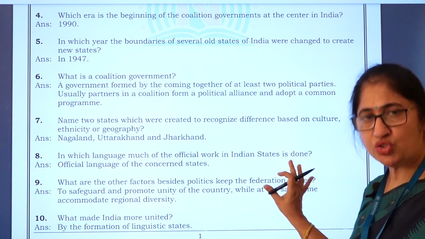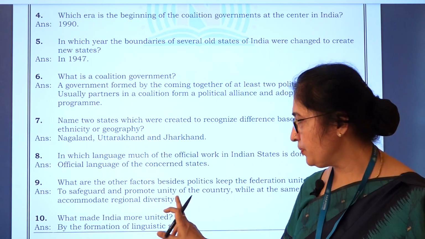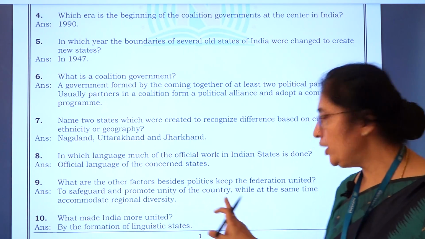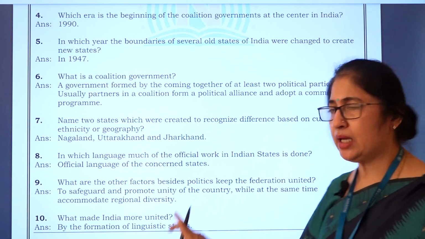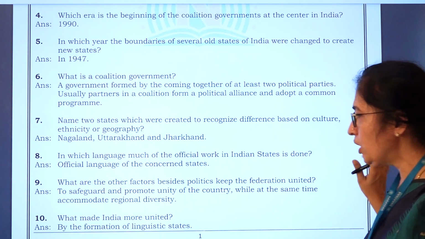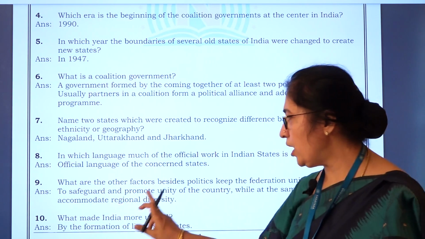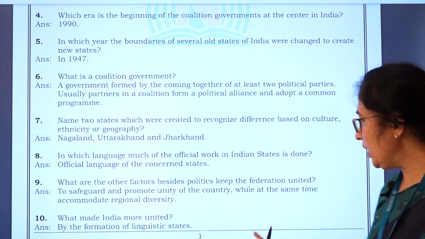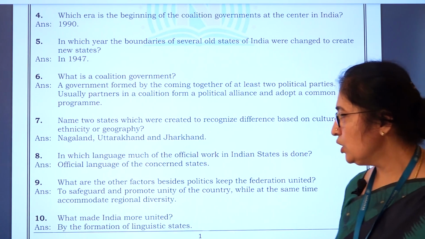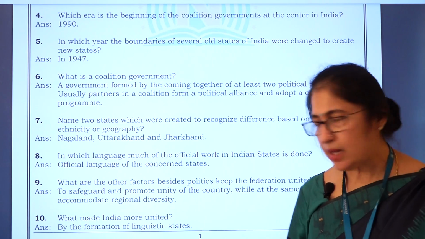So federalism is strengthened if we accommodate regional diversities, apart from politics, to promote the unity of the country. When these two aspects are taken care of, federalism will be strengthened. So what are the other factors besides politics that keep the federation united? To safeguard and promote unity of the country, while at the same time accommodating regional diversities. That is the answer.